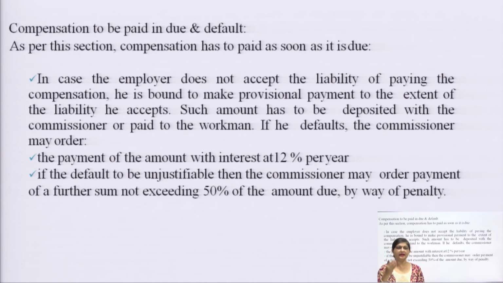So he can order the payment of the amount with interest of 12% per year; if the default is justifiable, the employer has to pay the amount with interest of 12% per year to the worker, and if the default is not justified, he has to pay a sum not exceeding 50% of the amount.